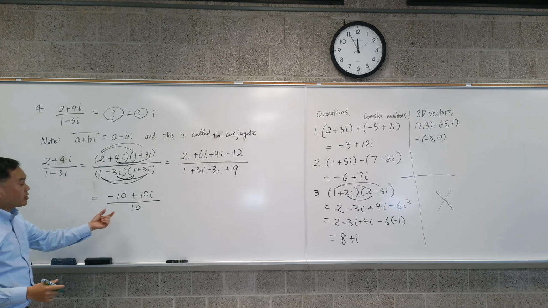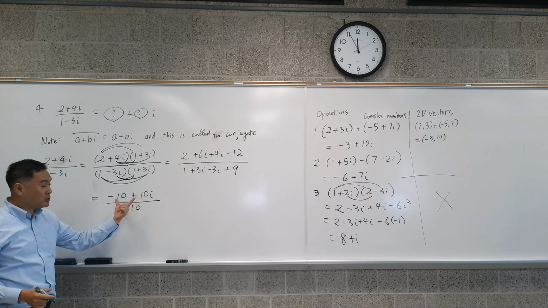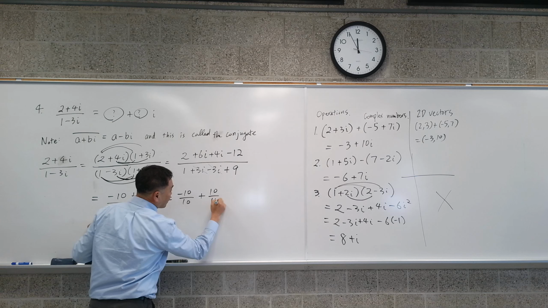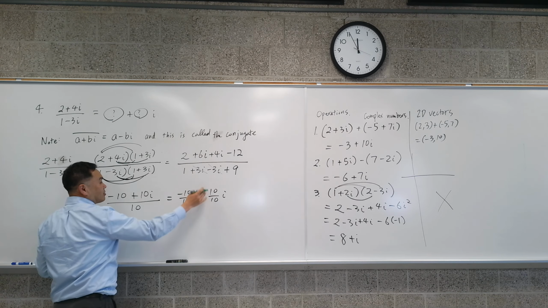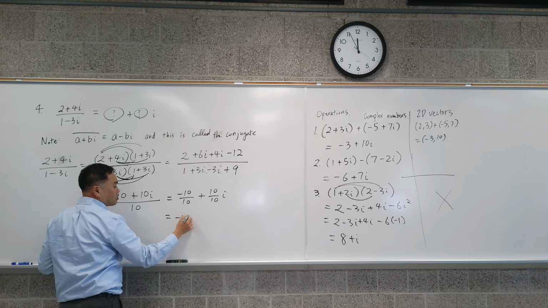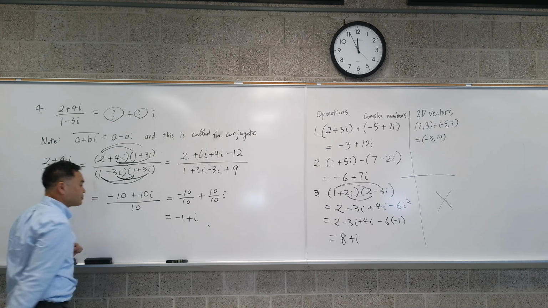And now we can split the fraction into 2. And we can make it as -10 over 10 plus 10 over 10i. 10 cancels, 10 cancels, so you get -1 plus I. And indeed, the final result does look like a complex number, right?